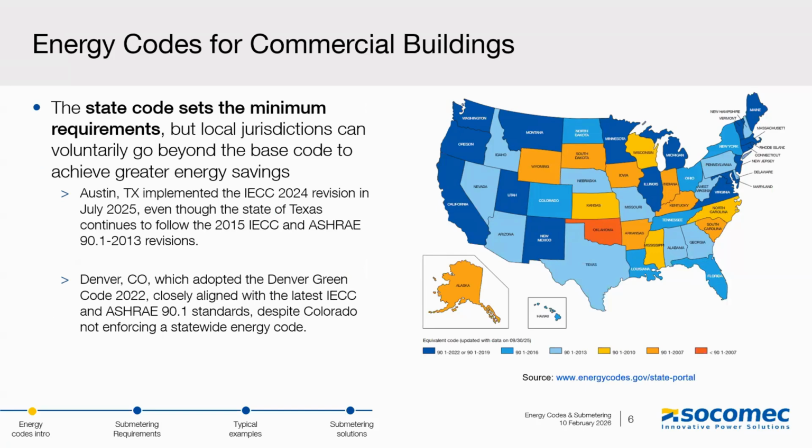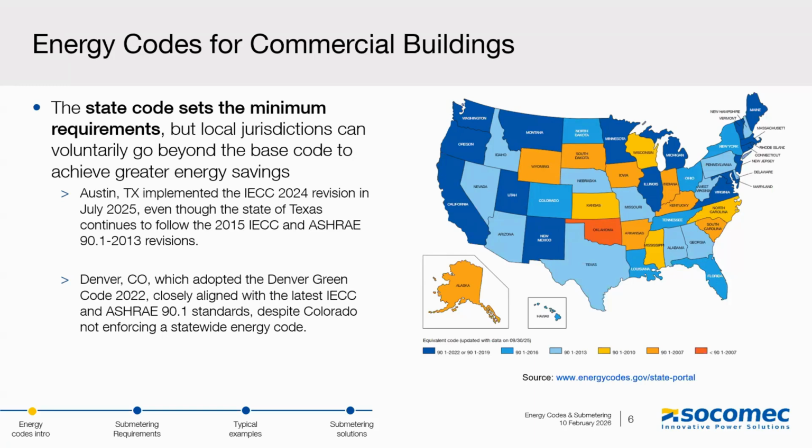And certain cities or counties can voluntarily go beyond the minimum or the base code. They can implement an enhanced, or they also call it a stretch code, which is a more aggressive or a more recently updated standard that is designed to achieve greater energy savings.